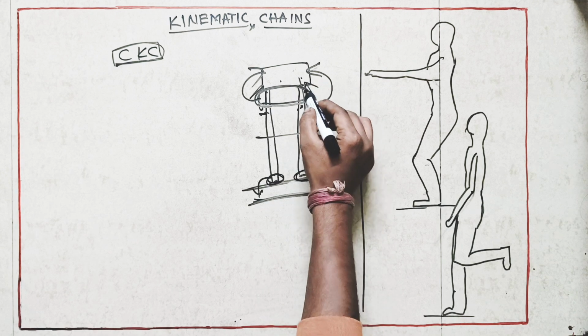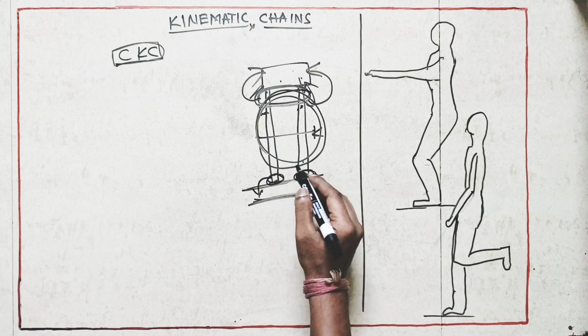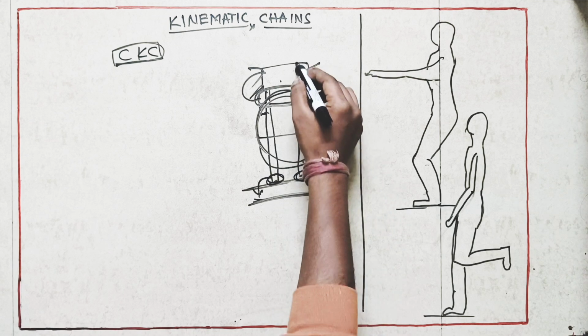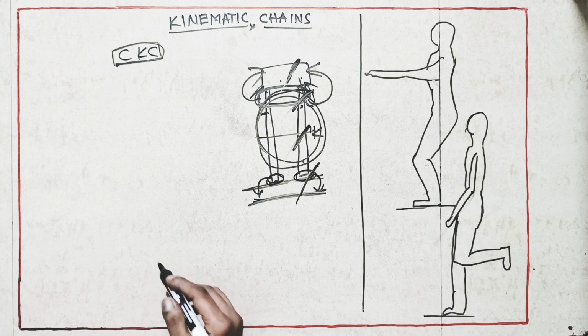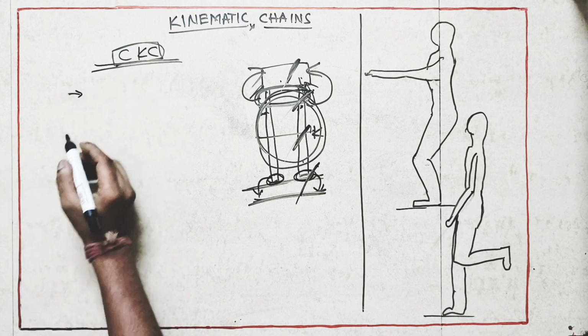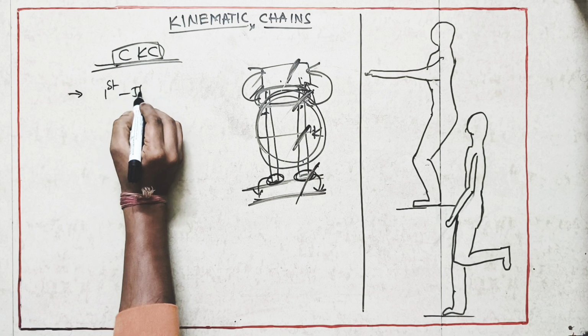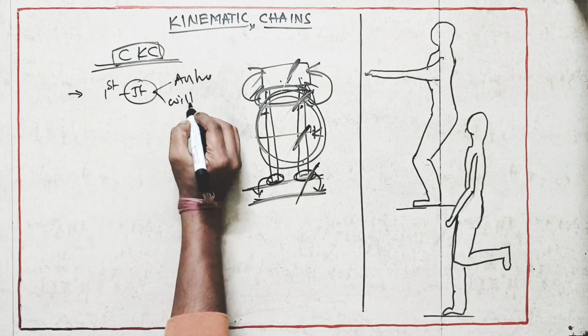Whenever you do movements in these lower limbs, automatically it is going to produce chain reactions, chain kinematic reactions. The pelvis will move, hip joint will move, knee joint will move, ankle joint will move. So this is the point about closed kinematic chains: if one joint is moving, another joint also will move.